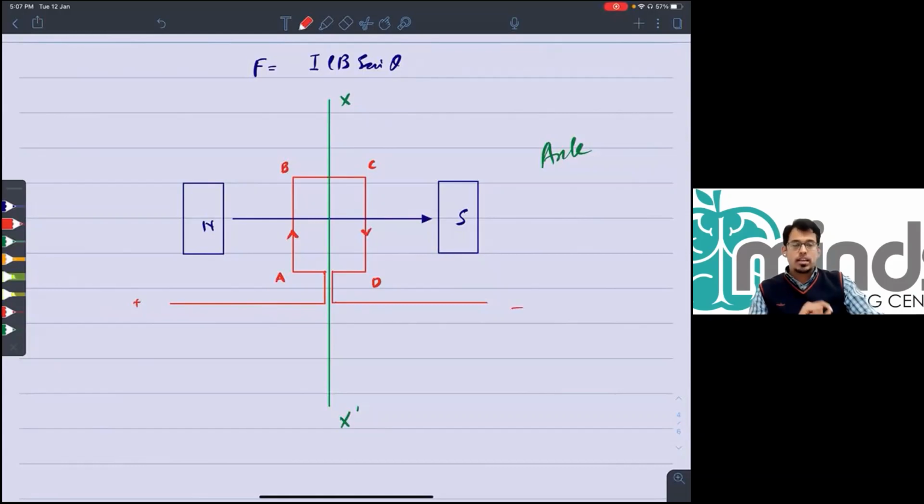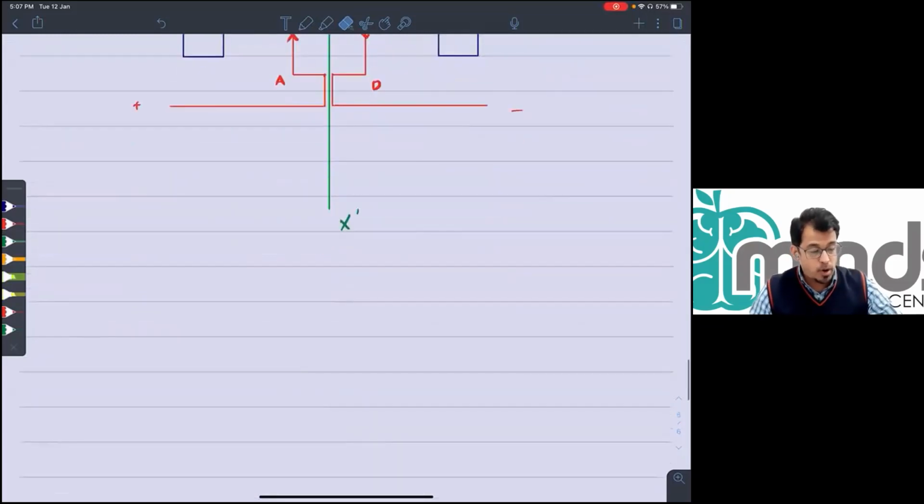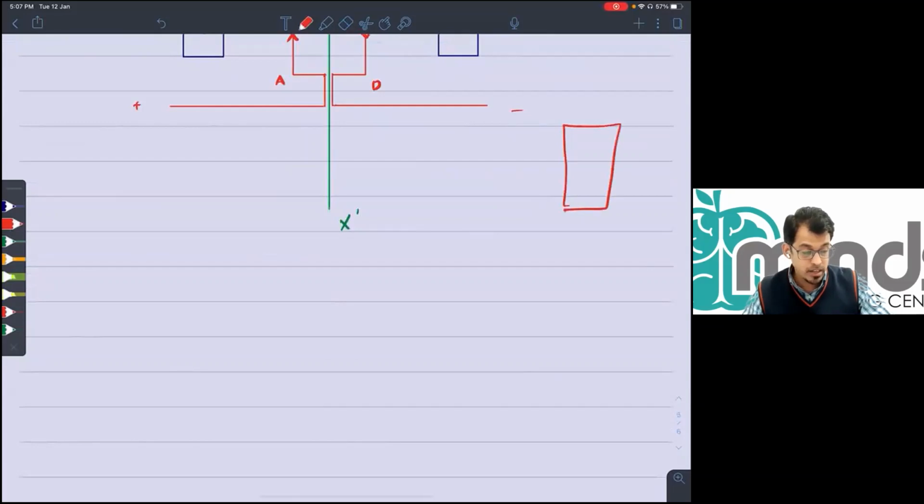Now you have to decide just one thing. There are total 4 conductors in this rectangular loop. A to B is 1, B to C is 2, C to D is 3rd, and D to A is 4th. A rectangular loop is made up of 4 conductors. Let me draw here so that you can relate.